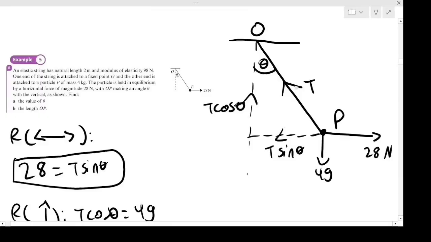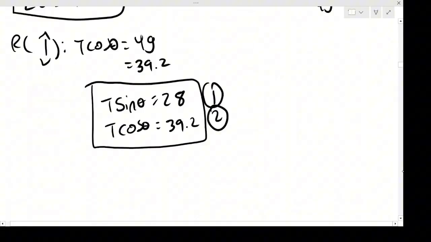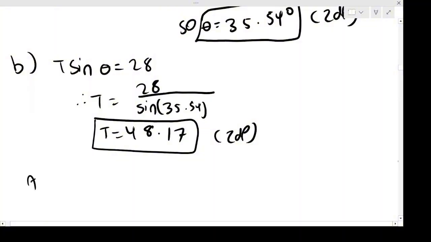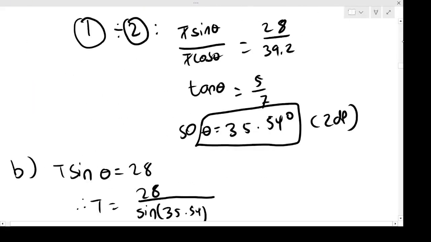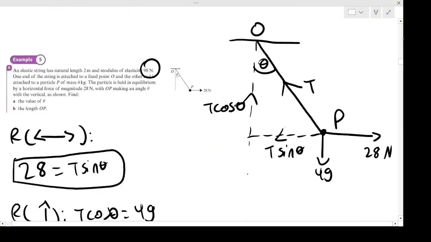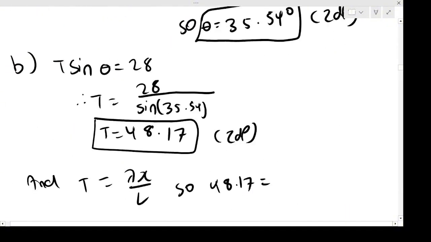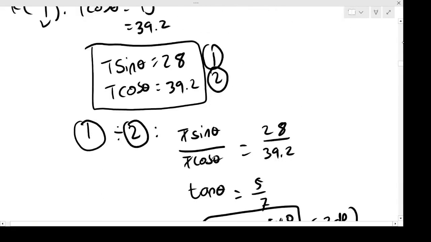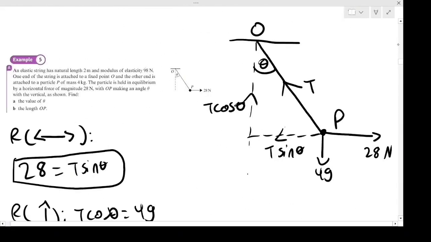Hopefully you're thinking, well, the other thing I can use is Hooke's law. So T is lambda x over L, right? Now, T, which we just worked out, is 48.17. Lambda, the modulus of elasticity, is 98, times x over the natural length, which is 2.